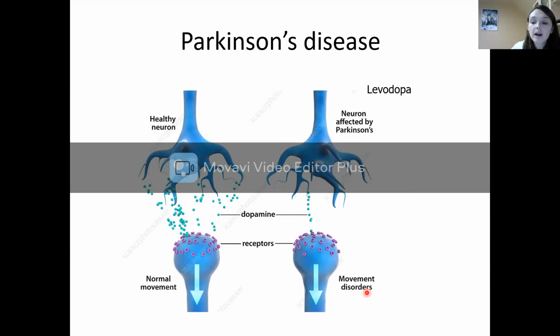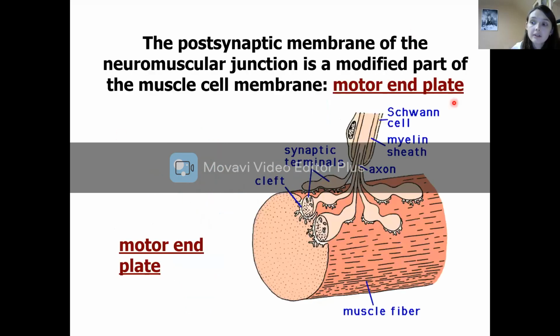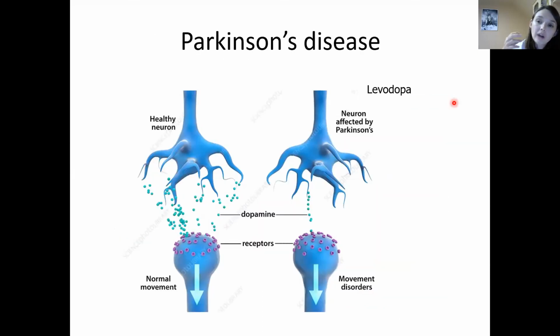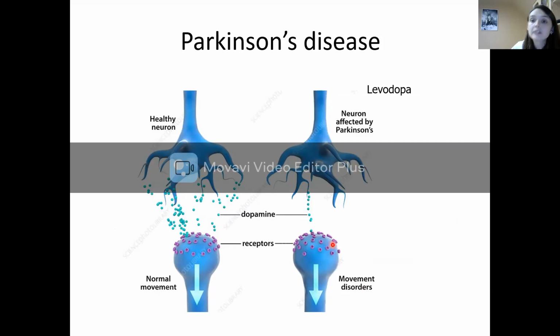We could help them with a drug called levodopa. Levodopa has an effect similar to dopamine, and as a result it will connect to these receptors on the postsynaptic membrane and try to make the movement more coordinated.